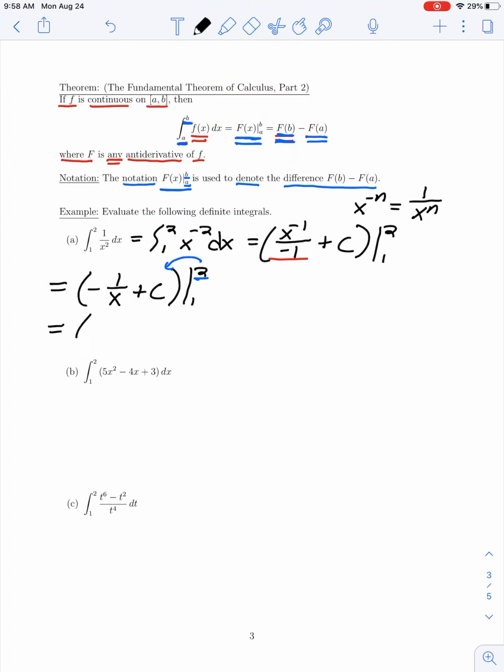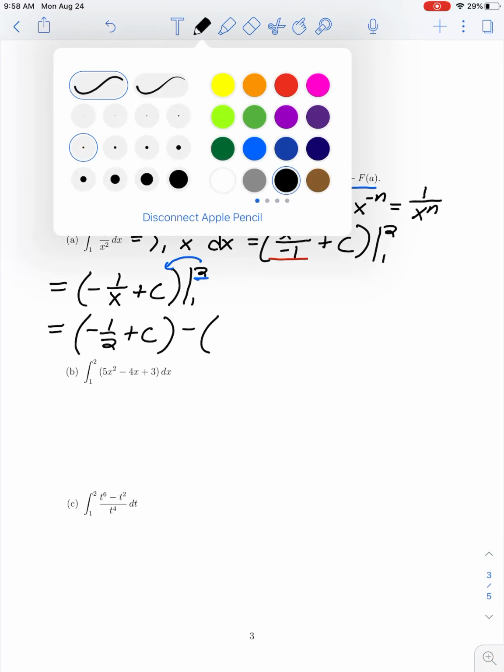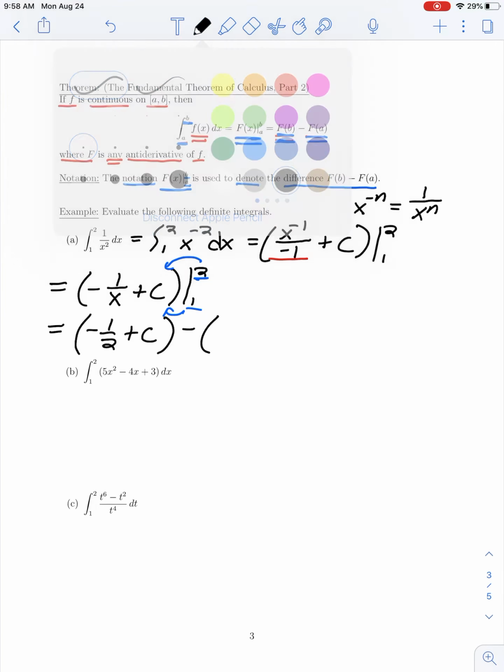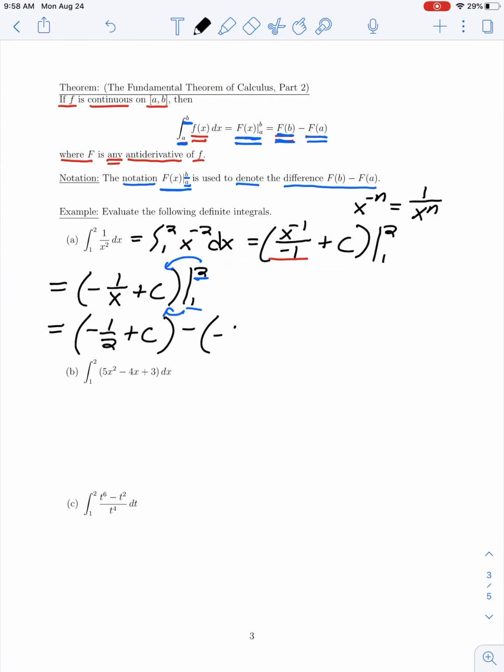So substituting x equals 2 into our antiderivative, we have negative 1/2 plus c. And then we're supposed to subtract the value that we get by substituting 1 into our antiderivative. So substituting 1 in for x, we have negative 1 plus c.